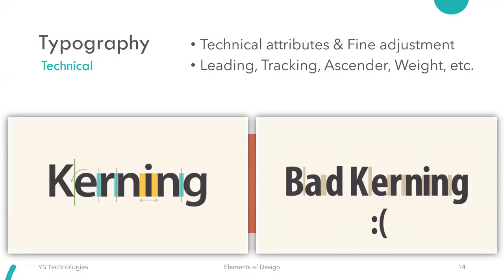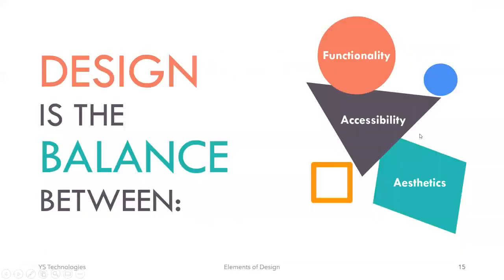In addition to kerning, there are several other fine adjustments that can be done, which we'll take up later in the session, done exclusively for typography. Well, let's take another look at this design.